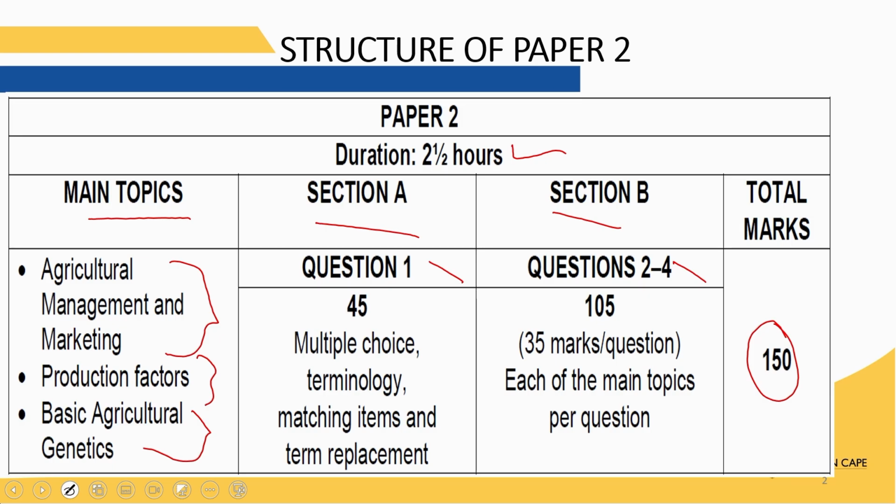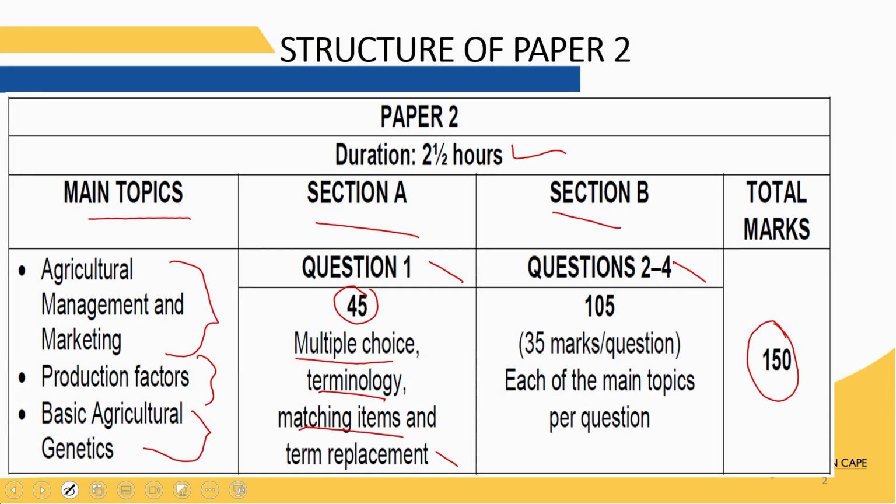Then question 1 is out of 45 marks. That 45 marks is distributed from those main topics. So we've got our multiple choice questions, our terminology, our matching items, and also term replacement. So question 1, section A, has got subsections. We've got subsection 1.1, which is our multiple choice questions.